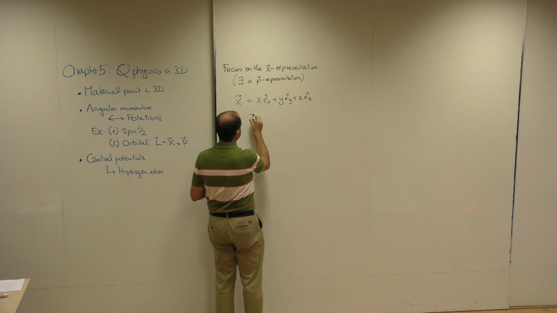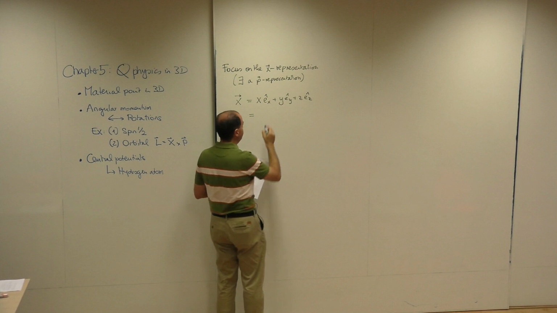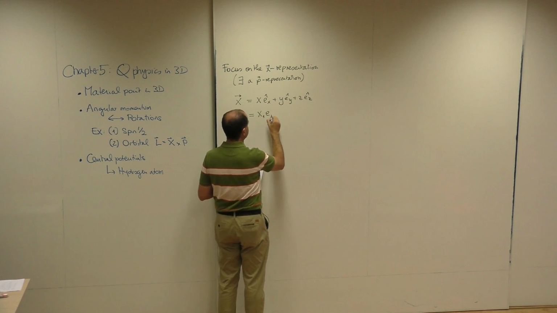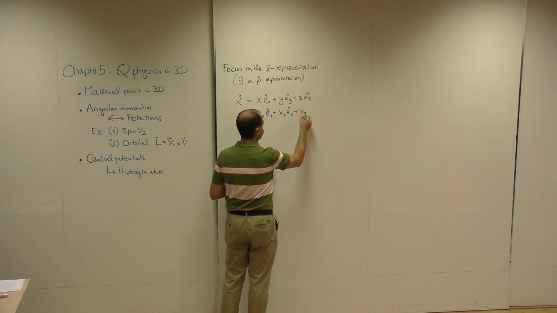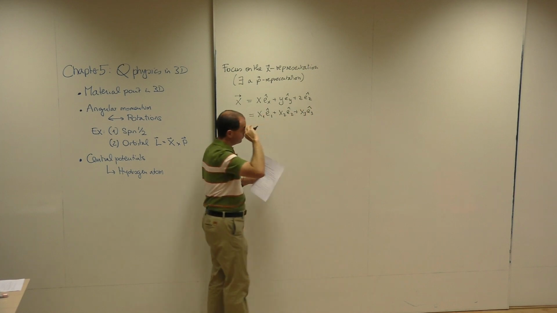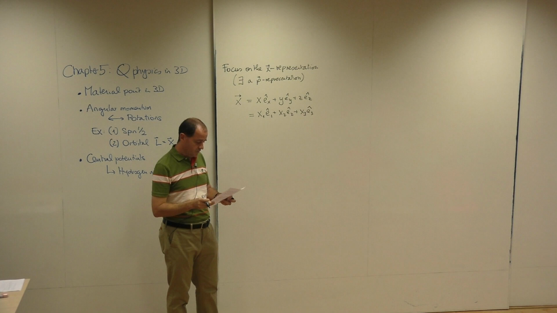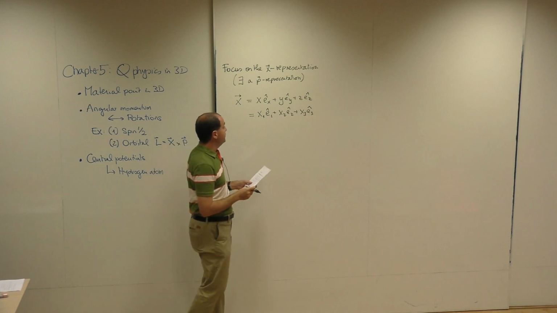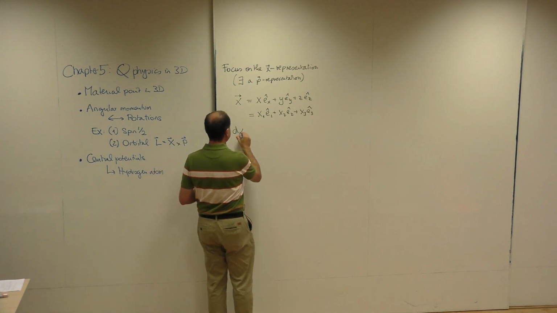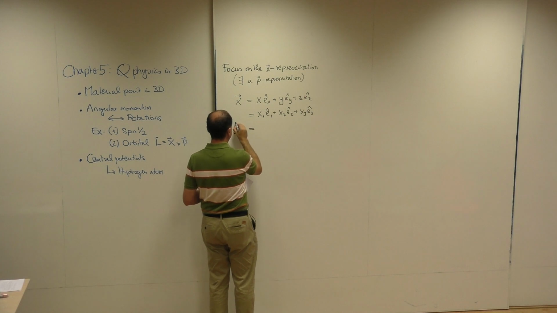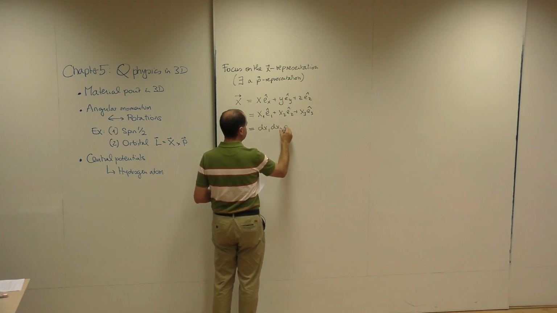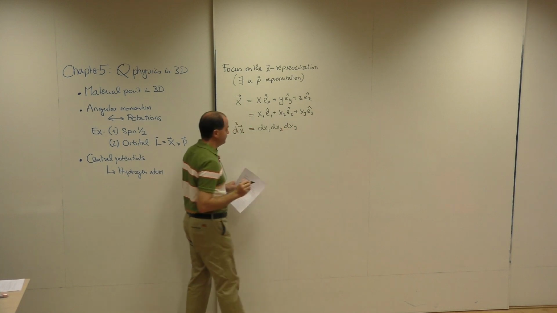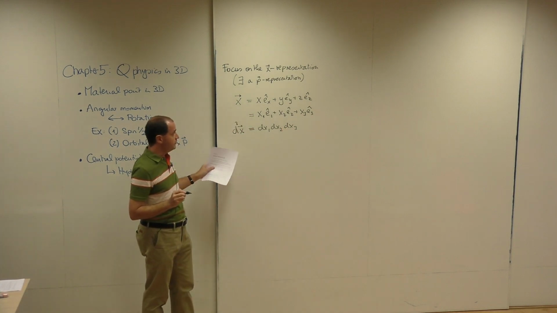And for convenience of some compact notation, sometimes I will write this as x1 e1 plus x2 e2 plus x3 e3. And the corresponding integration element, of course, is d3x, which would just be dx1 dx2 dx3. These are for the numbers.